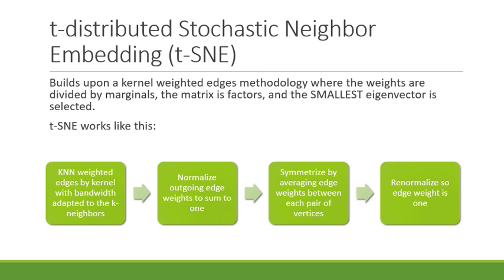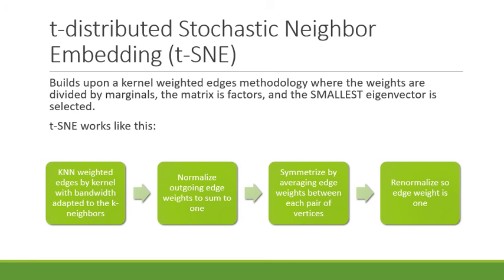Finally, there's an even more complicated method called t-distributed stochastic neighbor embedding. It works by taking your KNN weighted edges by kernel with bandwidth adapted to the k neighbors, normalizing the outgoing edge weights so they sum to 1, symmetrizing by averaging edge weights between each pair of vertices, and then renormalizing so the edge weight is 1. If none of that sounded like English to you, it's totally fine.